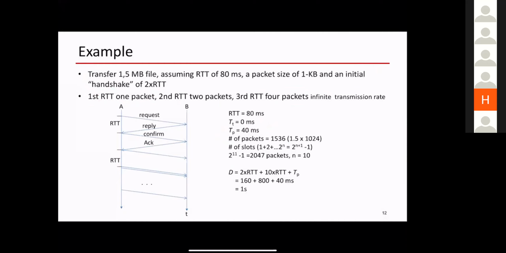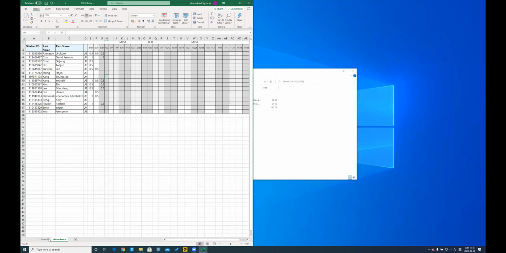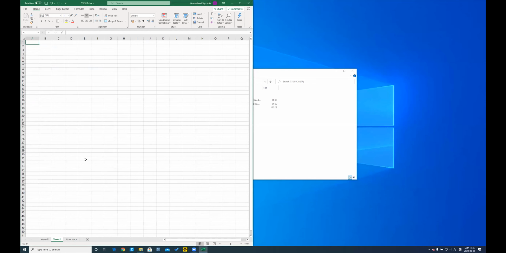Okay, this is how I solve it. If I take over my screen. In the first one, I can send 1. Then in the second one, I can send 2.